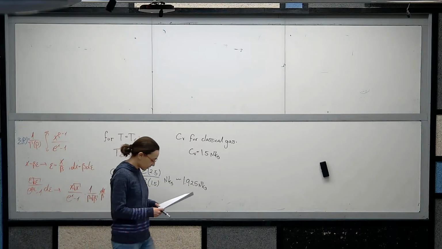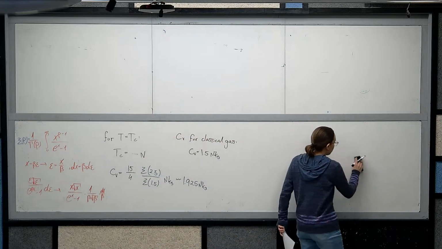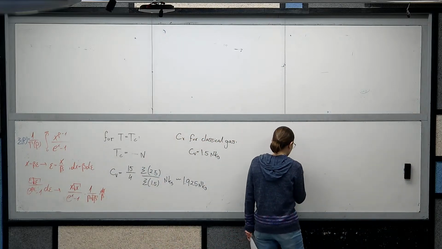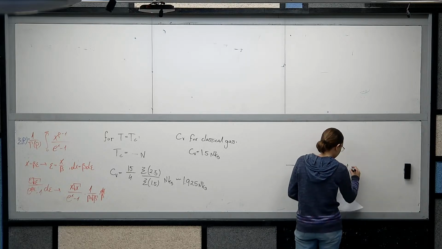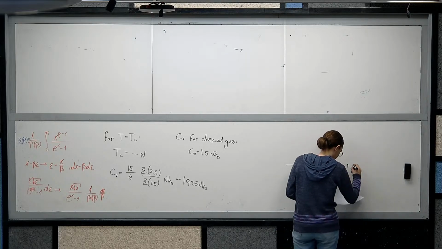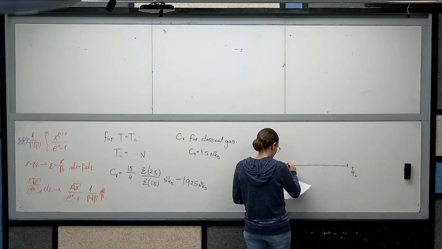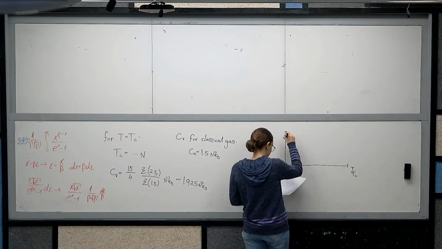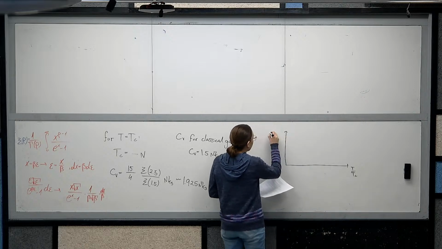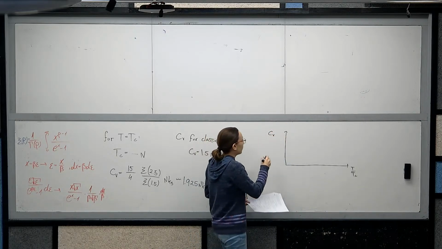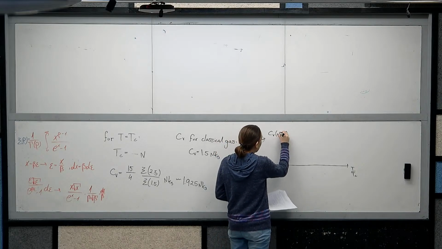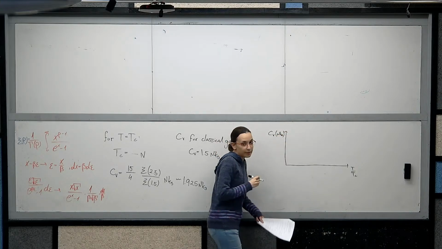So what happens, we can plot it like this. This will be the critical temperature, and this will be the heat capacity in units of nk_B.